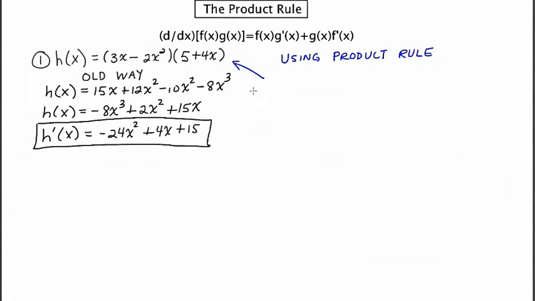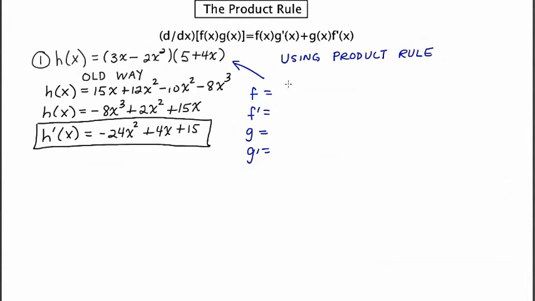So to start, I'm going to make this organizational list including f, f prime, g, and g prime. Whoops, I put one too many primes in there. So let's get this back up. Okay. So think of these like pieces of a puzzle. When I put them together in this formula, I'm going to get the answer.